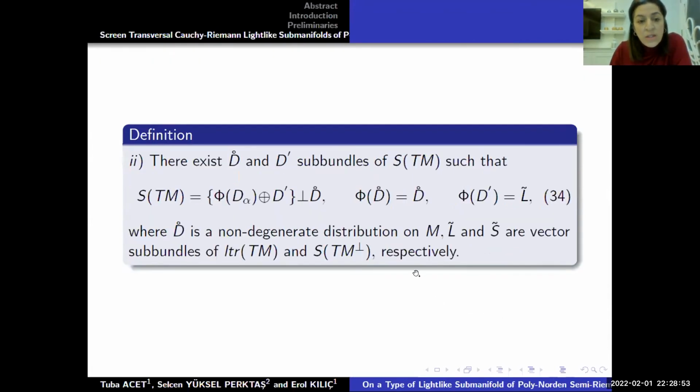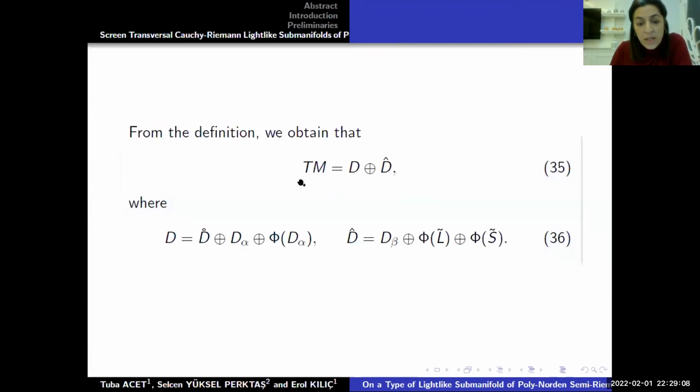The second condition is that there exist two again subbundles of the screen distribution such that equation 34 is satisfied. From the definition, we can write the tangent bundle of the submanifold as in equation 35, and here D and D hat are given like this.